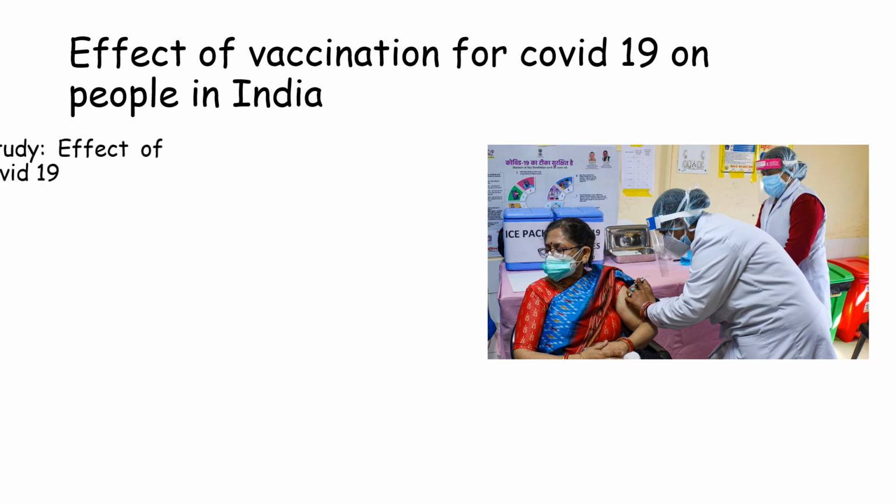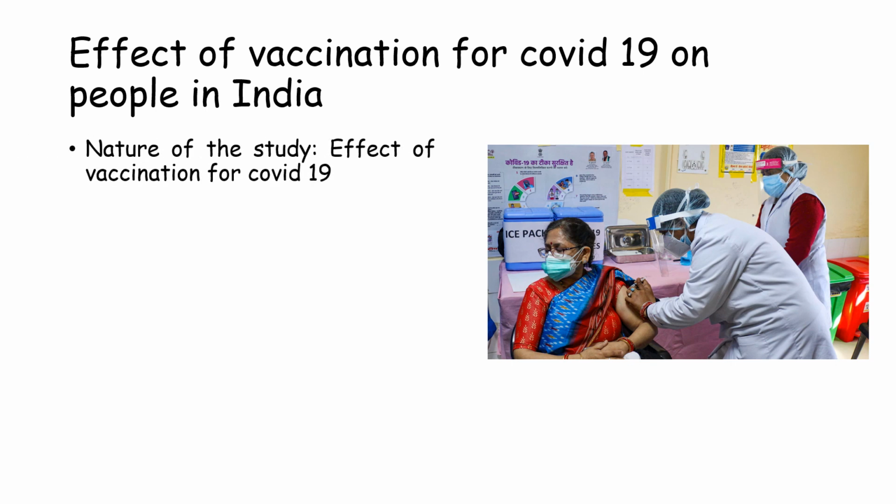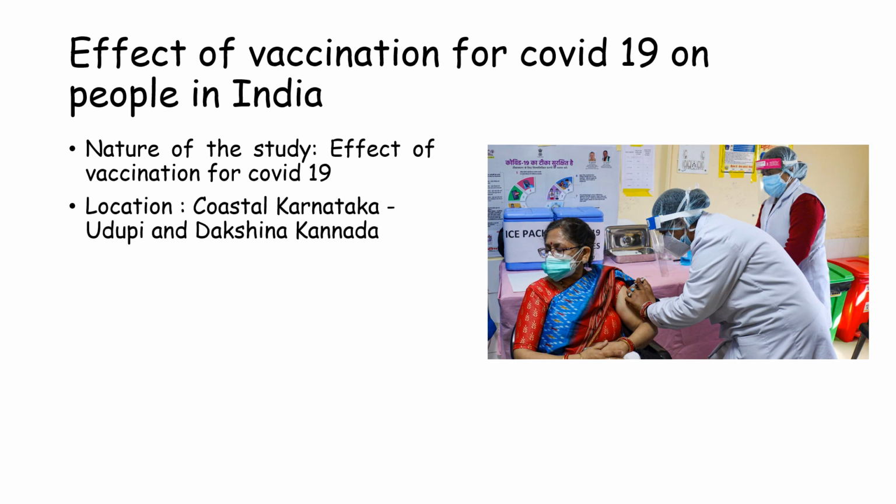For example, you can make a study on the effect of vaccination in a particular state by selecting a specific region, say study in Karnataka, particularly coastal Karnataka region comprising of two districts, Udupi and Dakshina Kannada. You can further narrow down your study by focusing only on a specific age category, that is, effect of COVID-19 vaccination on people belonging to the age group 45 and above.